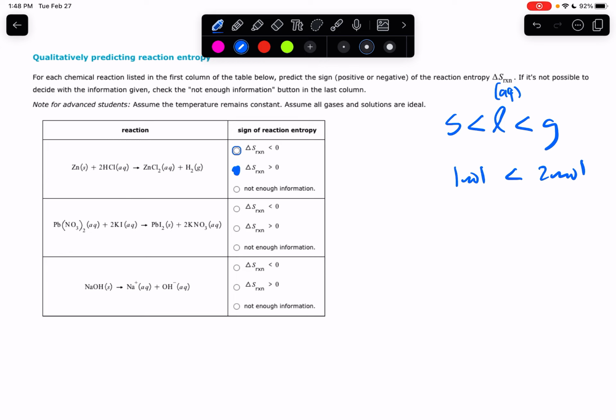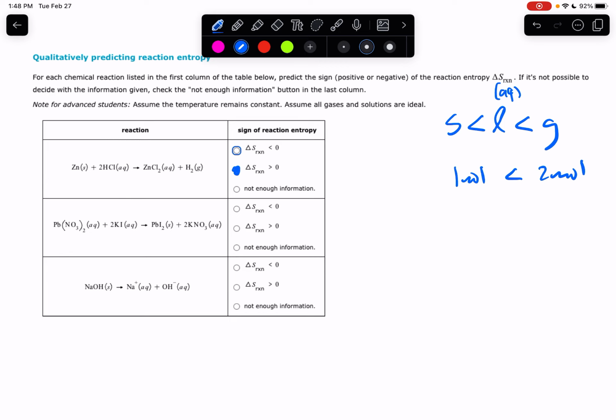Now let's take a look at the next one. What do we have on this side? We have a solid and 2 moles of aqueous. Over on this side, we have 1 mole aqueous and 3 aqueous. So essentially, when we're comparing, we have 3 aqueous on one side, and 2 aqueous and a solid on the other side. We're essentially having a combination of these two over here.